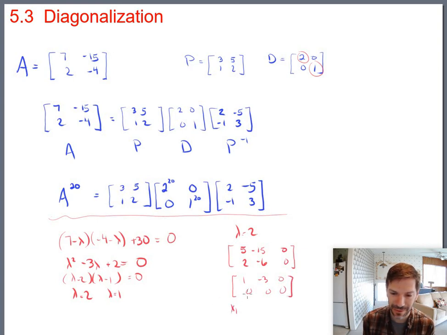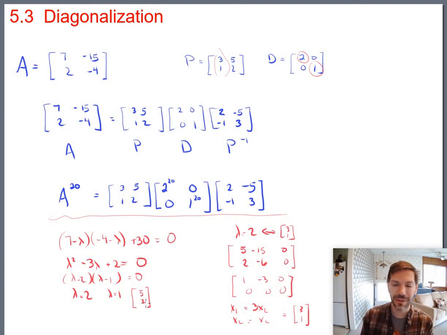So x1 equals 3x2, and x2 equals x2, and factor the x2 out. Oh, look at that. (3, 1) is the eigenvector that goes with an eigenvalue of 2. And I'm sure you can guess at this point what the eigenvector that goes with 1 is. The eigenvector that goes with 1 happens to be (5, 2).